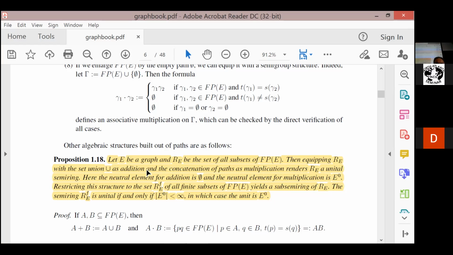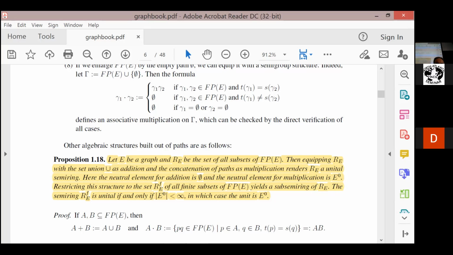And here the neutral element for addition is obviously the empty set, and the neutral element for multiplication is obviously the set of all vertices. And mind you, here I'm taking all sets, so I don't care whether E0 is finite or not.